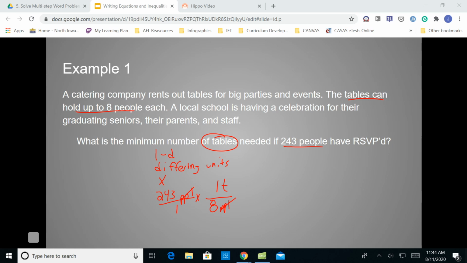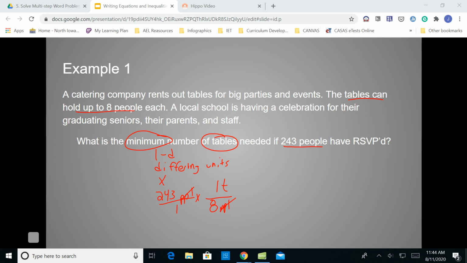Last but not least, I just need to figure out what sign I need to use. To help me figure that out, I'm going to focus on this word right here, minimum. Especially right now in the time of social distancing, this number of tables will probably not be the ones that we order.